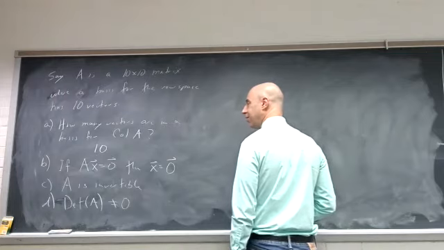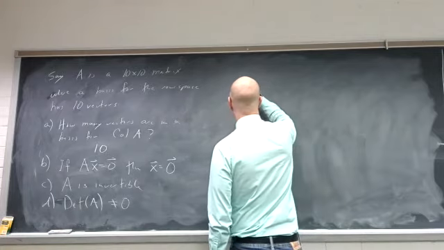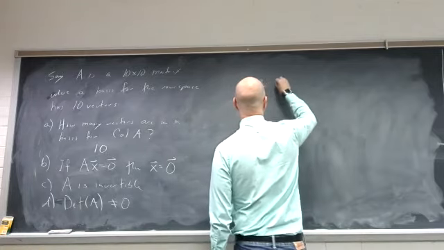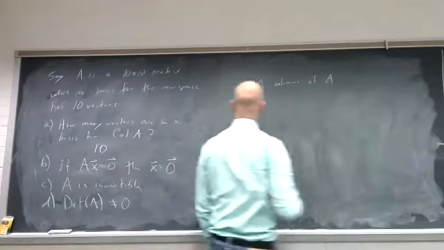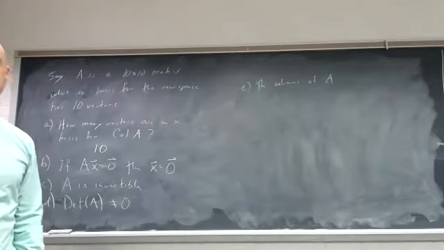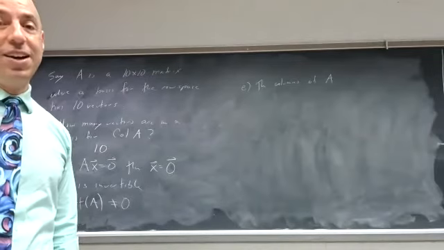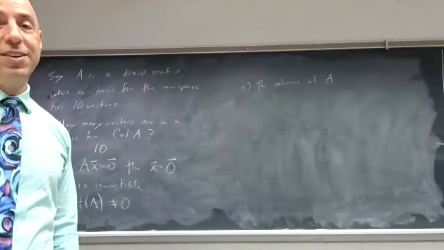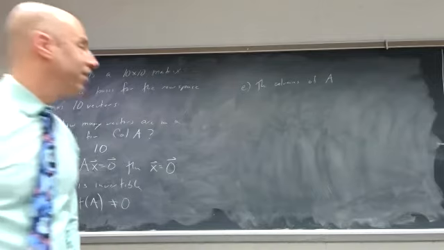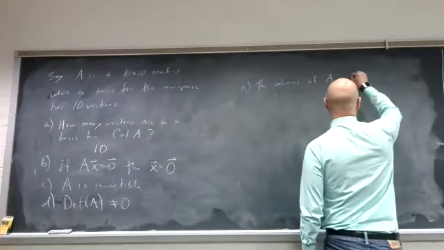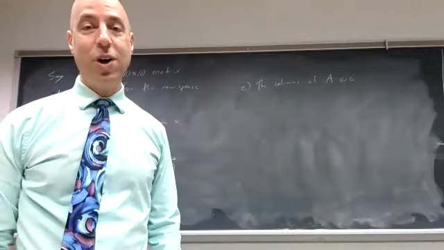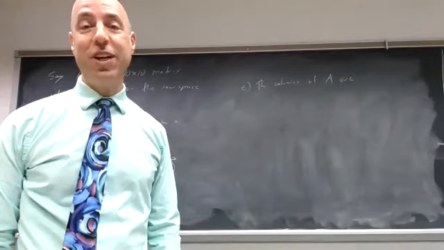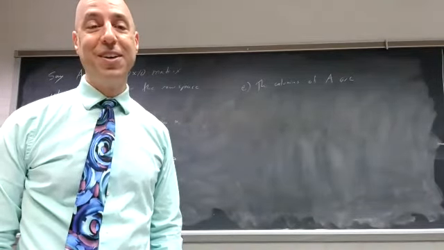Let's see. We've already talked about rank. What can you tell me about the columns of the matrix A? What property do they have? There's two things you could say here. One of the things you could say has one word and the other one has two words. And they're both true.